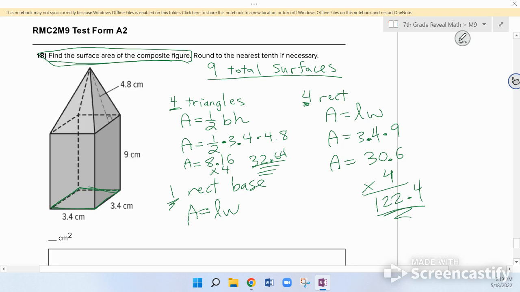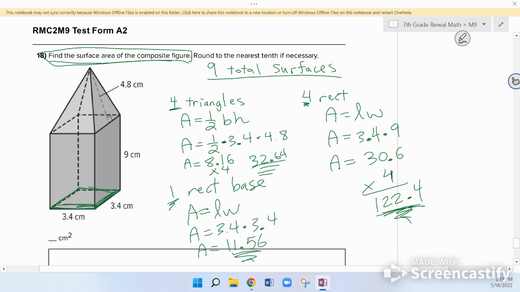Now let's go back to that rectangular base. We have the length and width here and here. That's 3.4 times 3.4, and that gives us a total of 11.56.